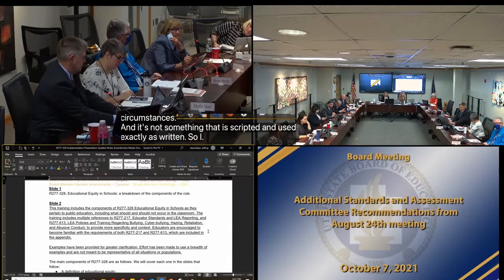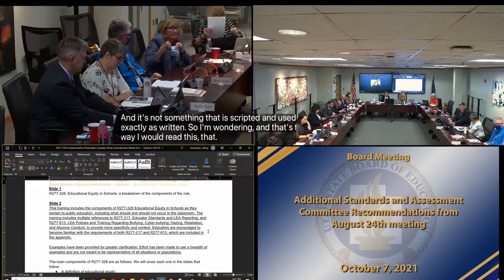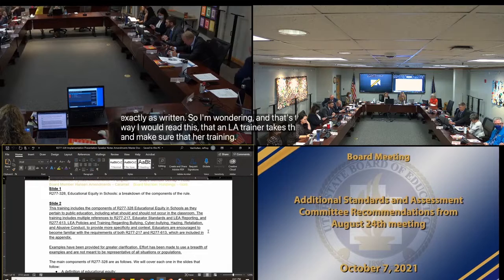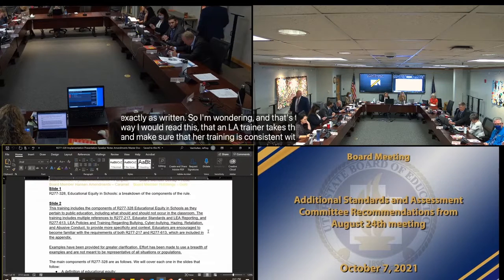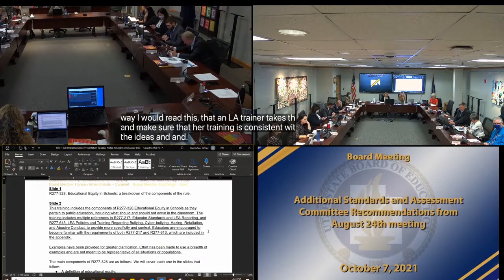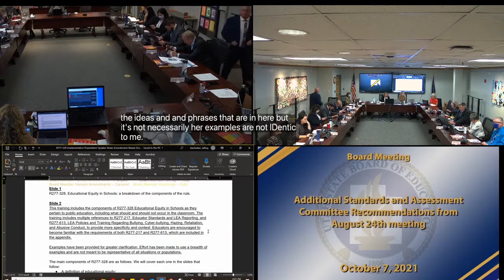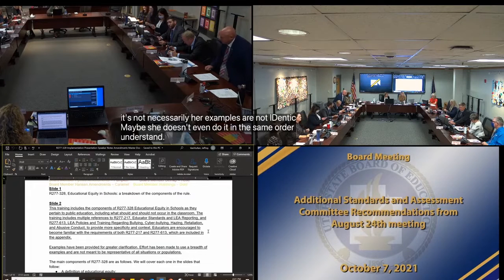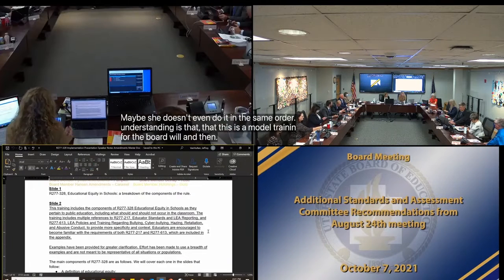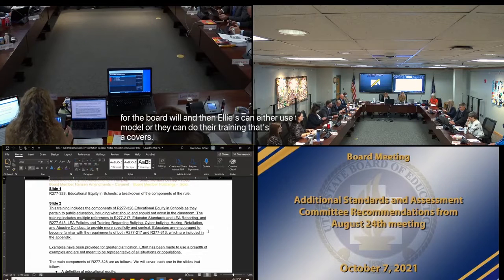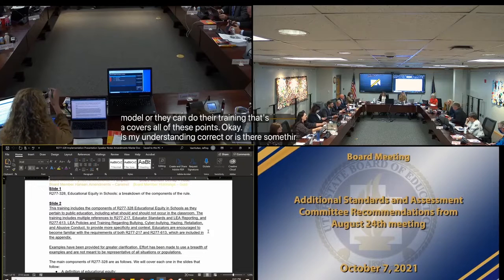So I'm wondering, and that's the way I would read this, that an LEA trainer takes this and makes sure that her training is consistent with the ideas and phrases that are in here, but her examples are not identical. Maybe she doesn't even do it in the same order. My understanding is that this is a model training for the board rule and that LEAs can either use this model or they can do their training that covers all of these points. Okay. Is my understanding correct, or is there something in board language that changes that?